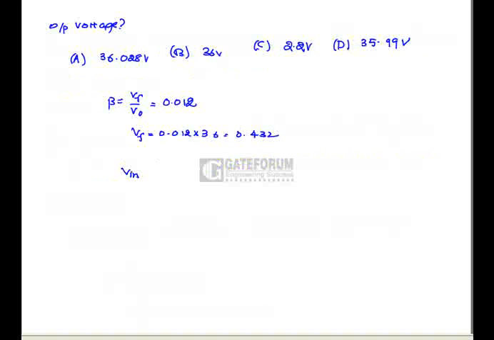Now Vs, I told you already, in negative voltage series feedback the feedback voltage is added to the input, that is 0.432 plus 0.026, which equals 0.458.